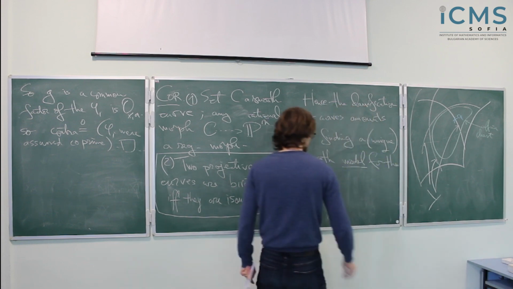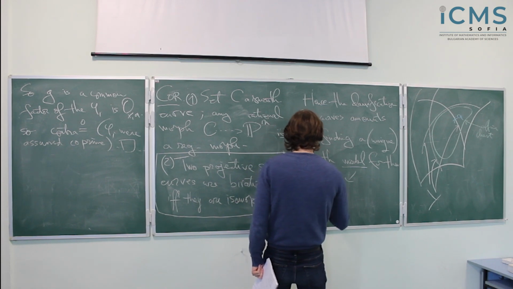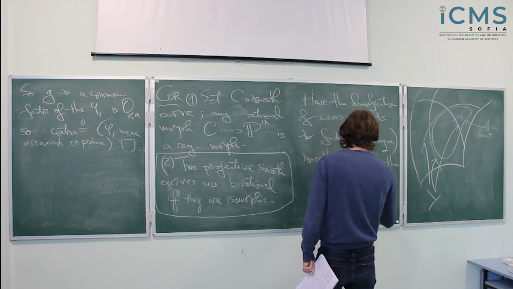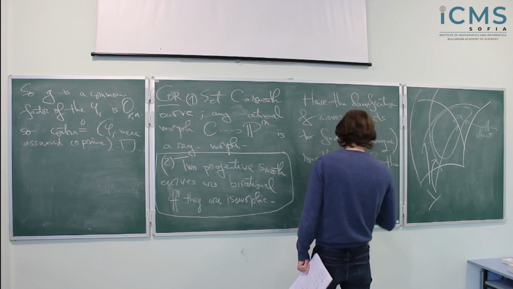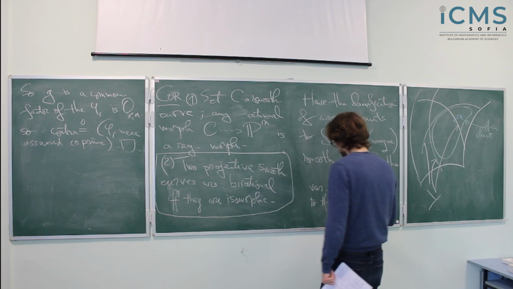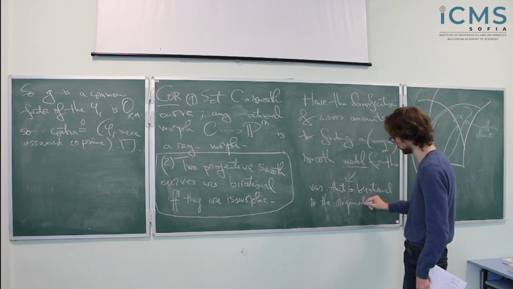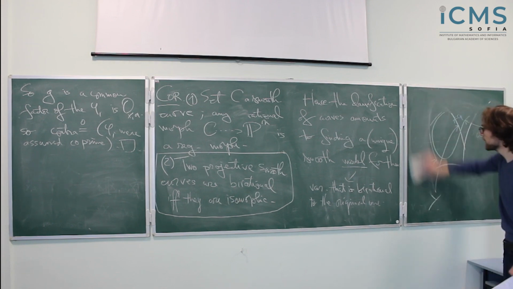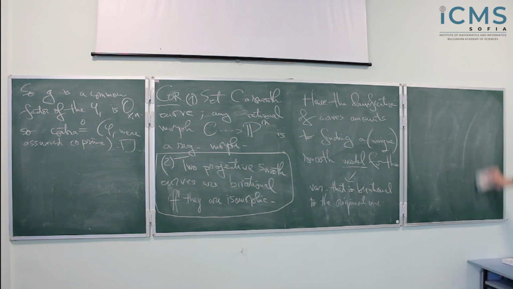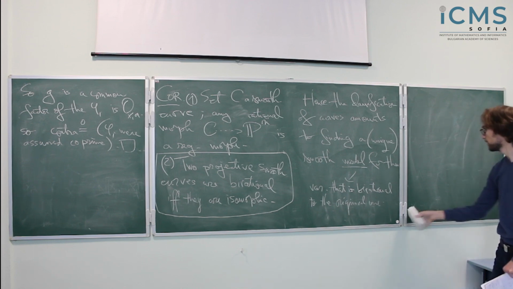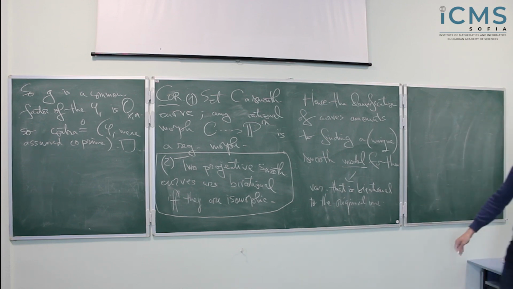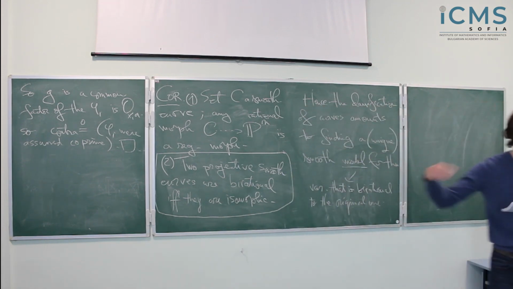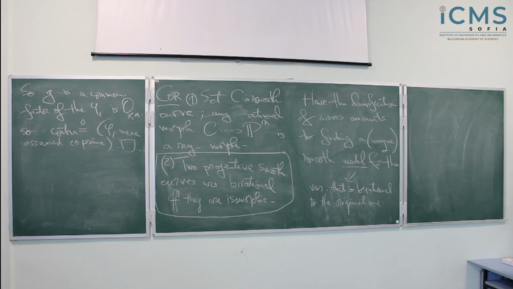So what is a model? It's a variety that is birational to the original one. If we find a birational smooth model for a curve, then by this corollary here we know that it will be unique, up to isomorphism, of course.